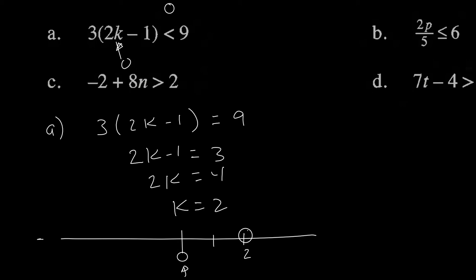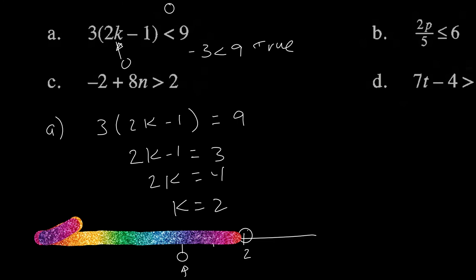This gives me 3 times, this would become -1 inside the parentheses. So this is just -3 is less than 9. That is true. So everything to the left of my boundary point is a solution. So these are all solutions, everything in that direction.